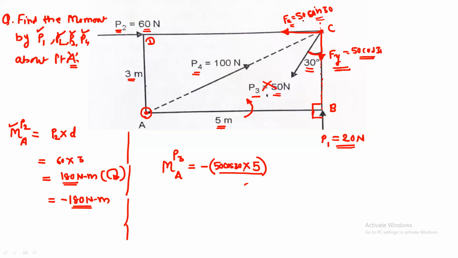Now consider the second force, 50 sine 30. So basically here we have to add the moment by x component and y component. So the answer will be the net moment by the force P3. So moment by 50 sine 30, its perpendicular distance will be, just extend this line of action and draw the perpendicular from point A. So this line AD is nothing but the perpendicular distance, that is equal to 3 meter.